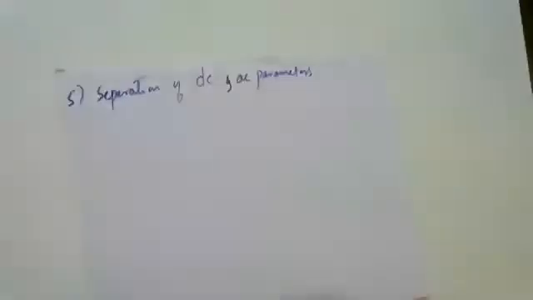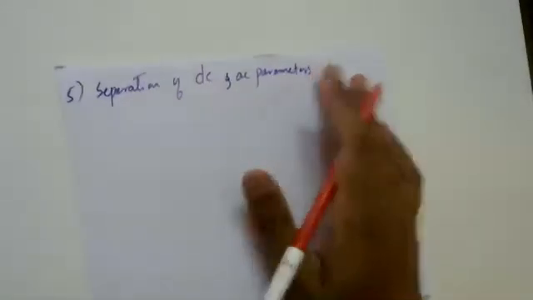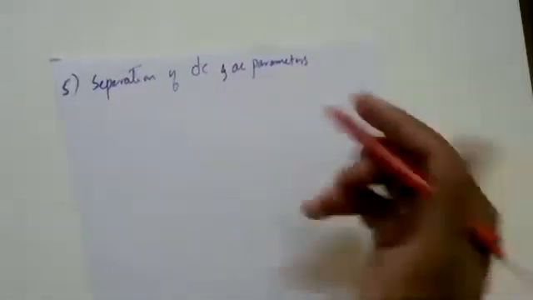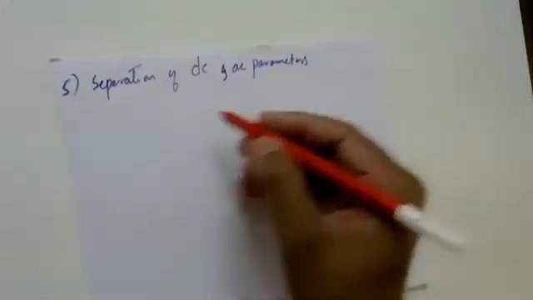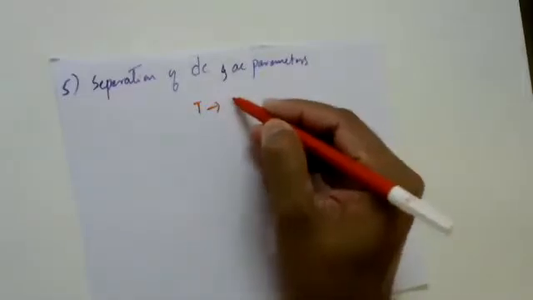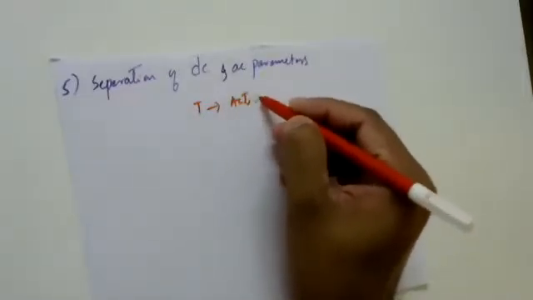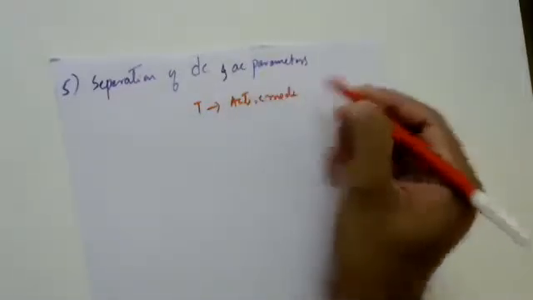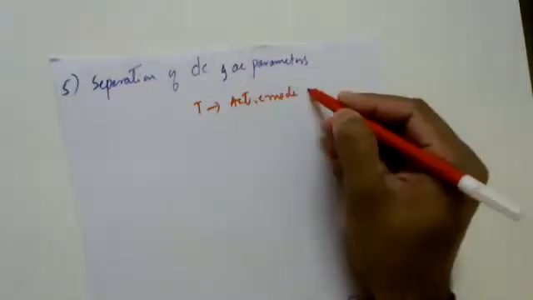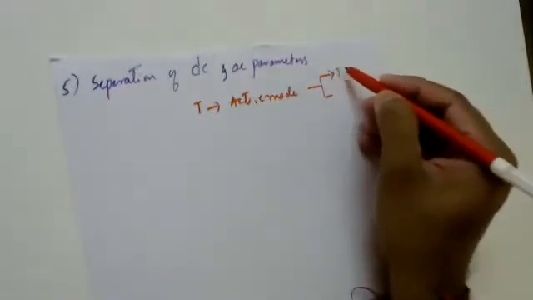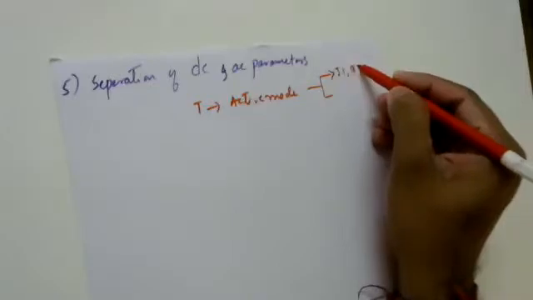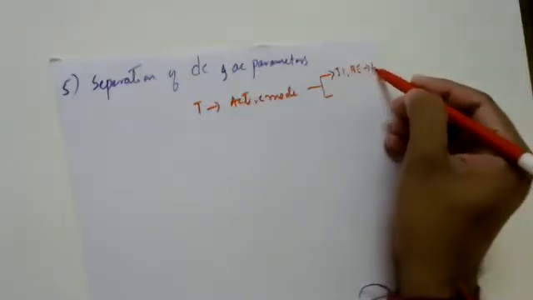Okay, so now I will first consider my transistor working as an amplifier. I know that if my transistor has to operate as an amplifier, it has to operate in an active mode. So when I say my transistor has to operate in an active mode, it simply means my junction J1, which is my base emitter junction, has to be forward biased.